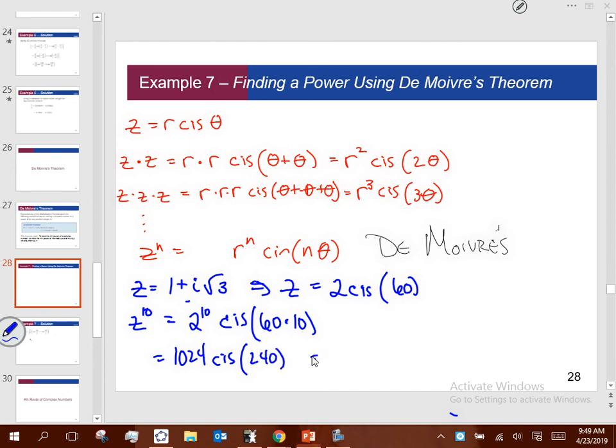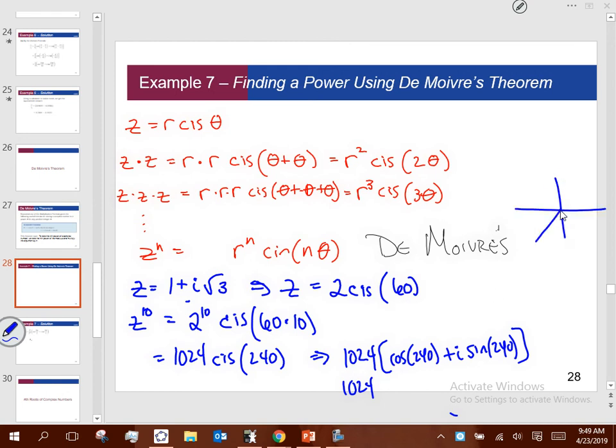Okay, so now this turns into 1024 cis, let's write it this way, cosine of 240 plus i sine of 240. What's the cosine of 240? So it's a 60-degree angle in this quadrant, right? So that's 60 degrees there.